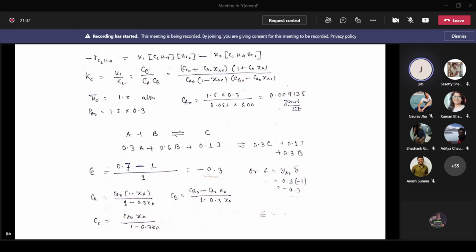So epsilon is minus 0.3. It is shown here as epsilon equals y A0 delta, 0.3 into minus 1. Or with the Levenspiel method, you consider both sides with 10% inerts, then take final moles minus initial moles by 1, and so it is 0.3.